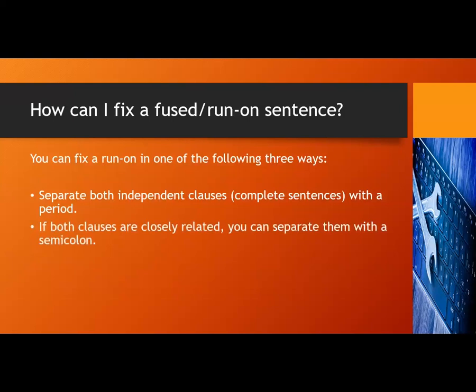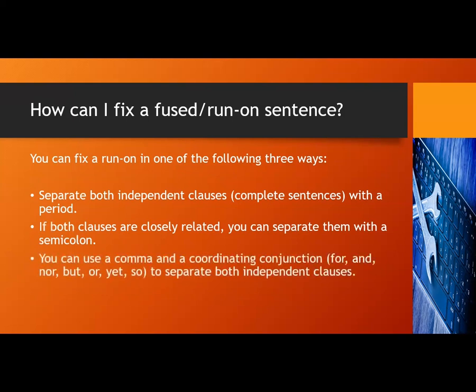Or, if both clauses are closely related, you could separate them with a semicolon. Finally, you might choose to use a comma and a coordinating conjunction: for, and, nor, but, or, yet, so, to separate both independent clauses. Let's look at these fixes one by one.